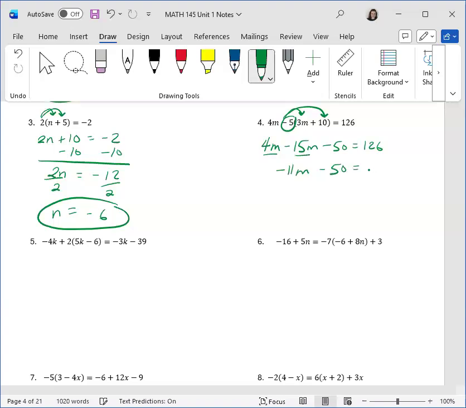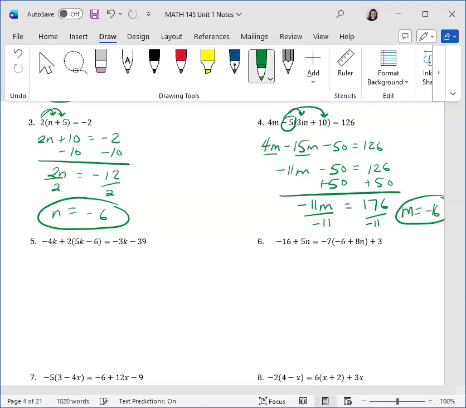Bringing down the minus 50 and the 126. Now I'm going to start my inverse operations of adding 50 to both sides. And then dividing both sides by negative 11. I'm going to get the solution m equals 176 divided by negative 11 would be negative 16.